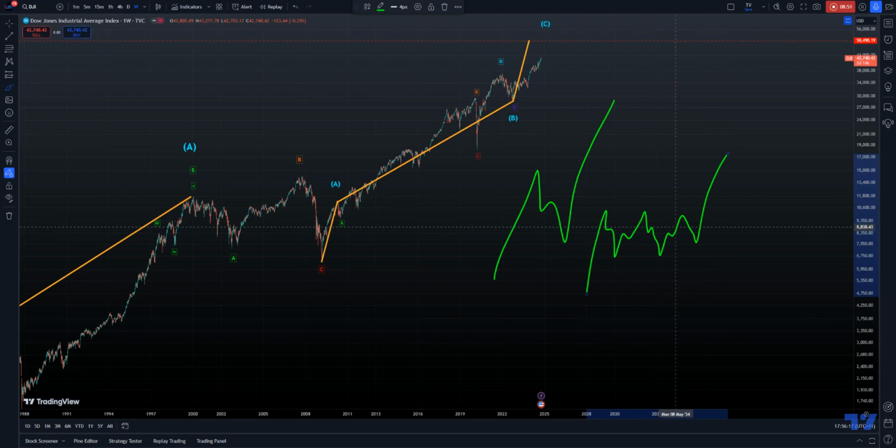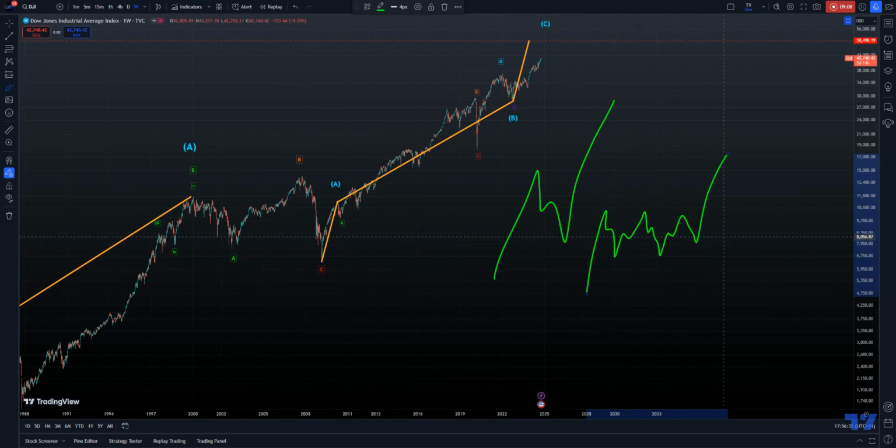So there's 5 waves in the correction, right? So it's a lot more complex, and this is the reason why I'm making this video, is to just highlight that again, but also what kind of ramification does that have for this pattern, right?